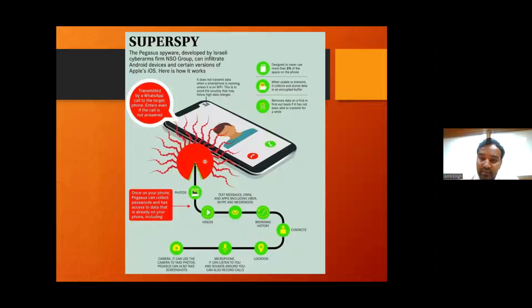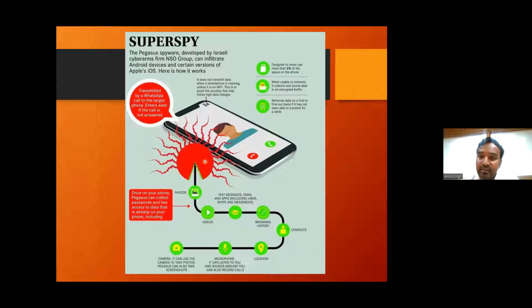And one smart thing the hacker has done is that the Pegasus software only transmits information when it is connected to Wi-Fi. It will not communicate when it is on the cellular network. So in order to avoid suspicion that a large amount of data is being sent out of my mobile, it only sends data when it is connected to Wi-Fi.